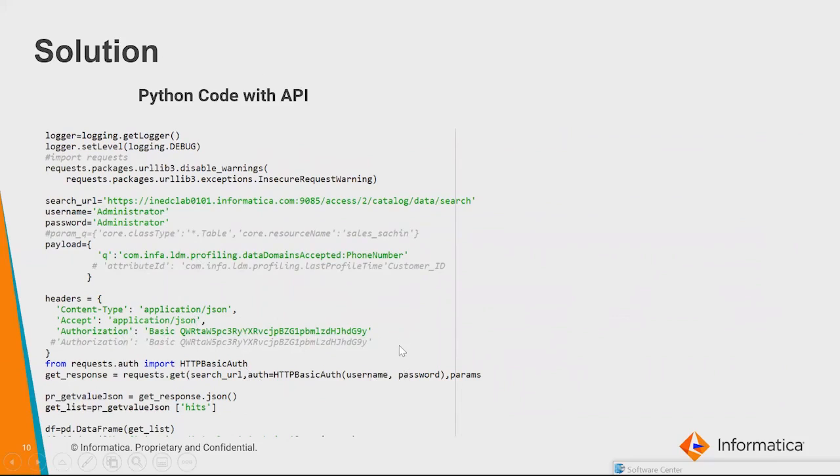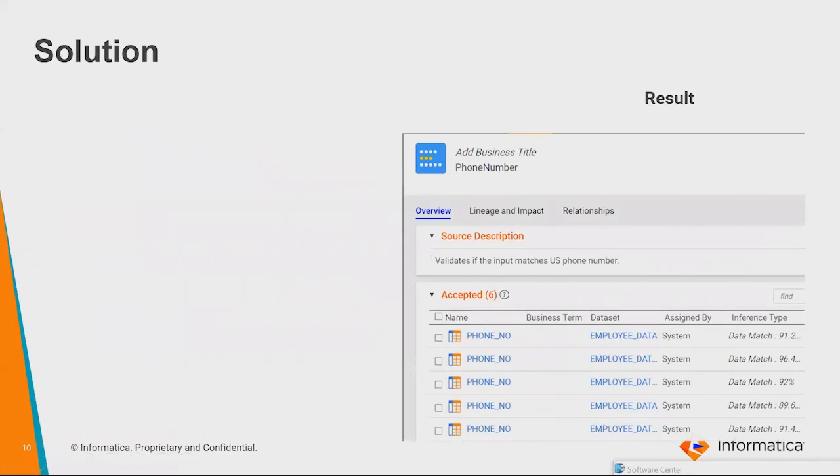This is the phone number which I showed in the previous screenshot, a data domain, and it has a list of data sets. Once we run this Python code for a particular data domain, the phone number, it lists the data sets.